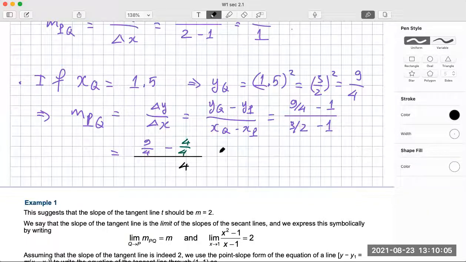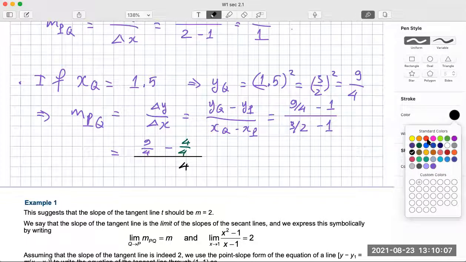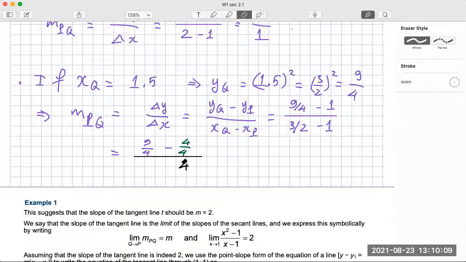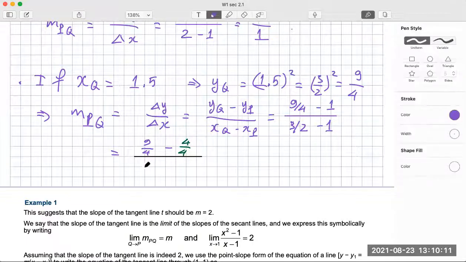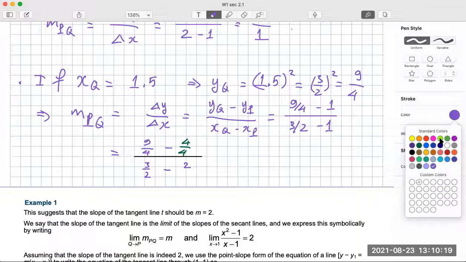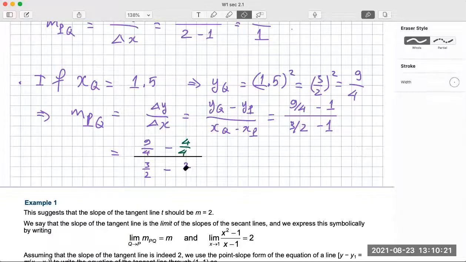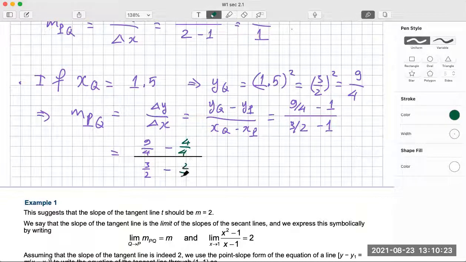Below that, it is 4. Three. How about this denominator? Yeah, smart choice. So 1, we can also write it as 2 over 2. Why do we do that?